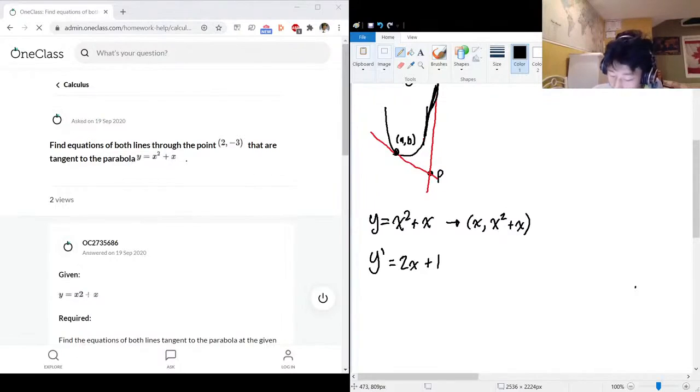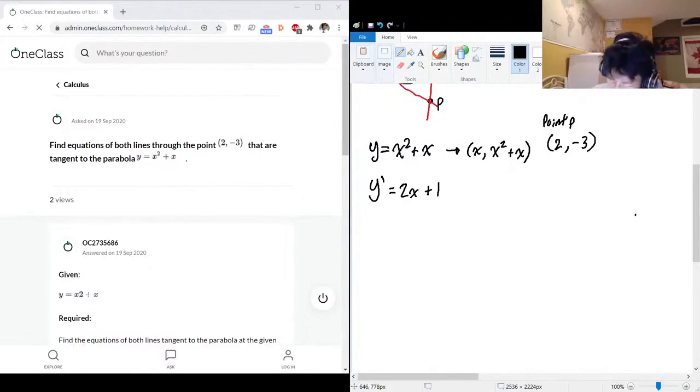And then our point P has coordinates 2 on the x and -3 on the y. So let's find the slope between these points. Of course, this one is not an actual point, but it gives us any and all points that are on the graph.